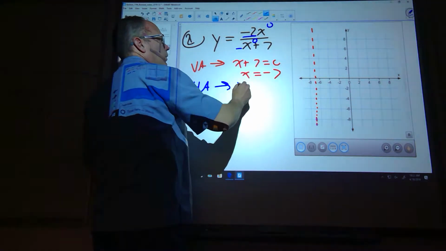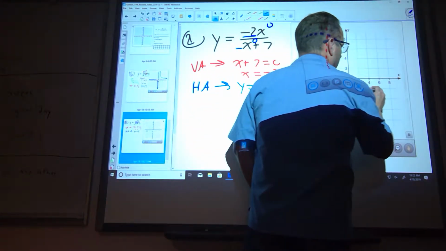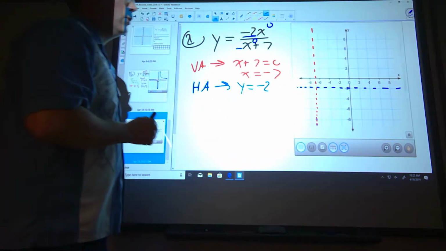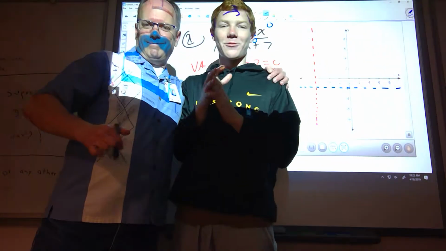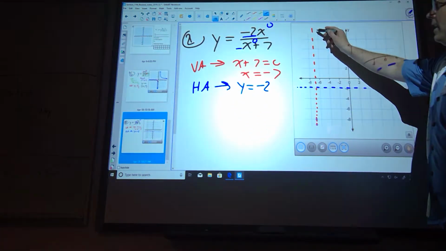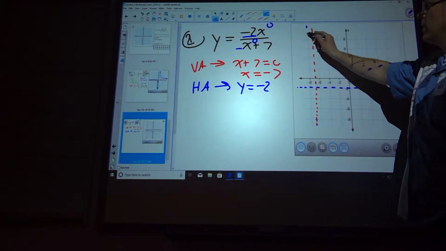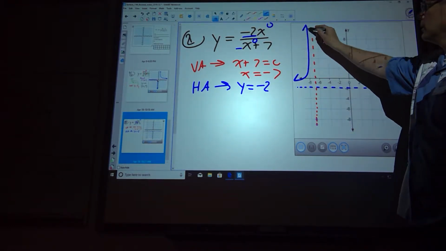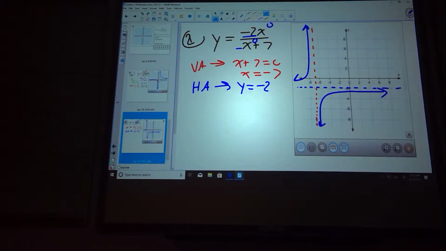So y equals -2/1, which is -2. And notice my graph is counting by 2's. Normally it's here and here, but because I have that negative, it's going to go like this and this. Is that okay so far?